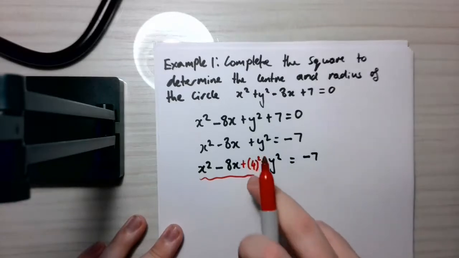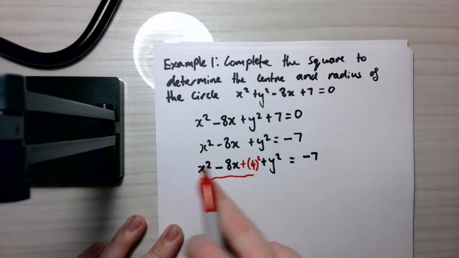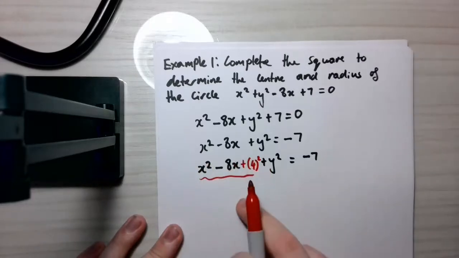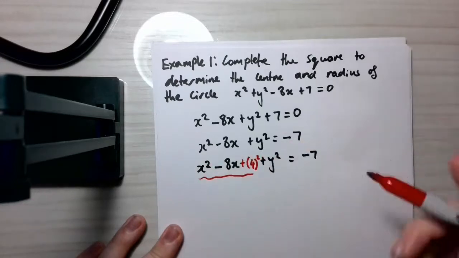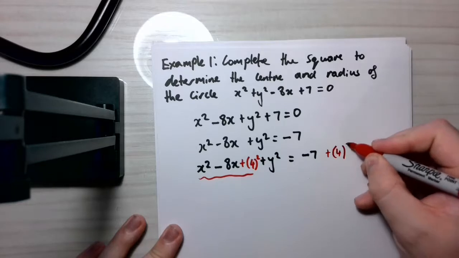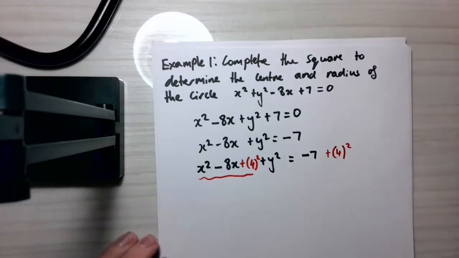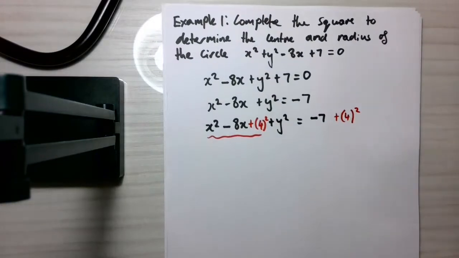Now because we've added this on the left-hand side, note that this underlined part here is going to become a perfect square, and I'll show you that in a moment. But because we've added this 4 squared to one side, what we do to one side, we must do to the other. So we must also add on 4 squared to the right-hand side, okay? So let me just move this up so you can see what we're doing.